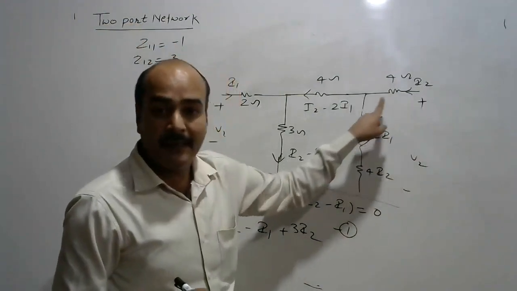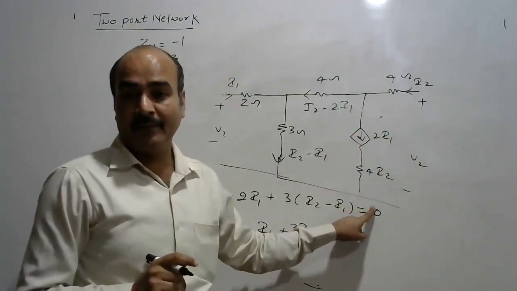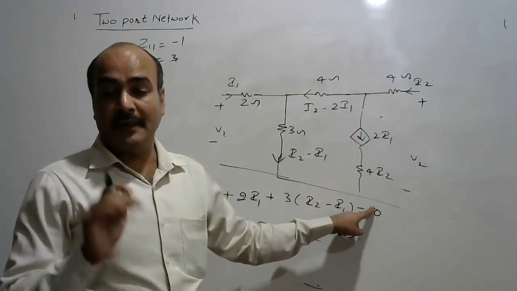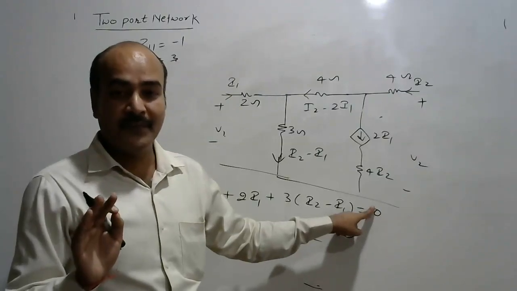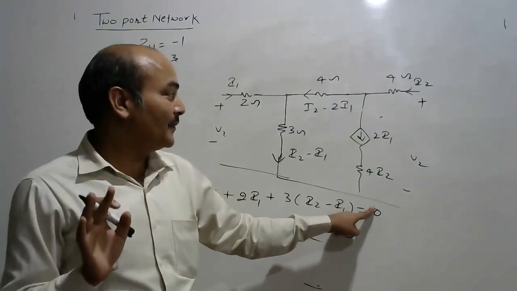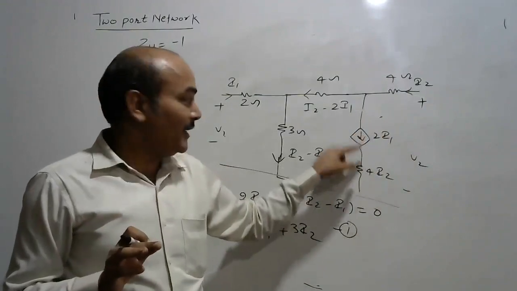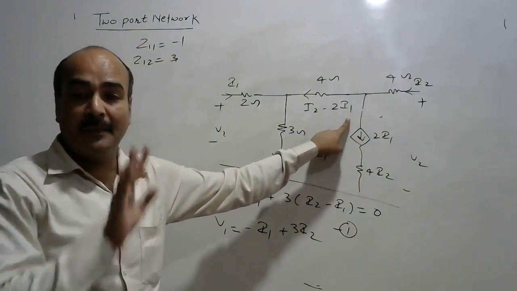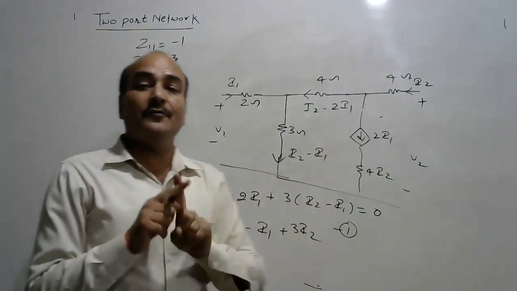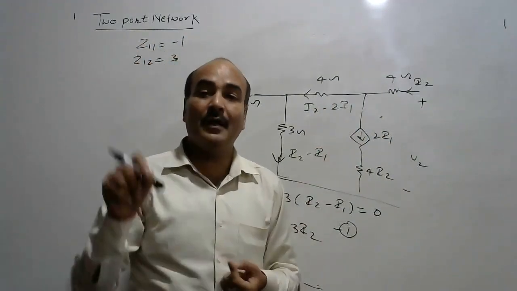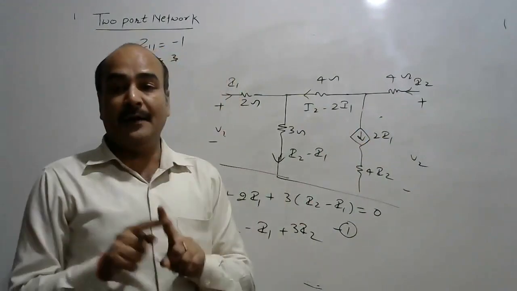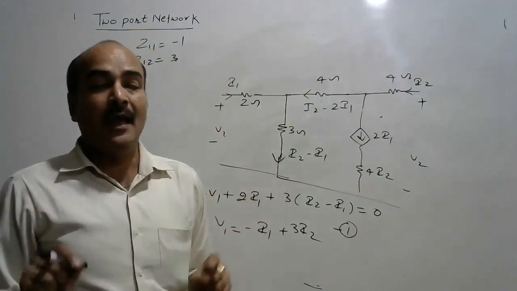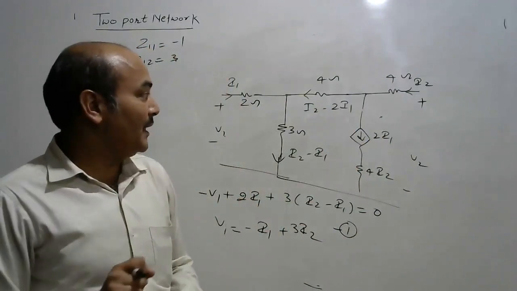Can we apply the KVL in this loop? Yes or no? No. Why? Because there is a current source given. When a current source is given, we cannot apply the KVL, because for the KVL we require resistance and current, and we have no information about the resistance of the current source.